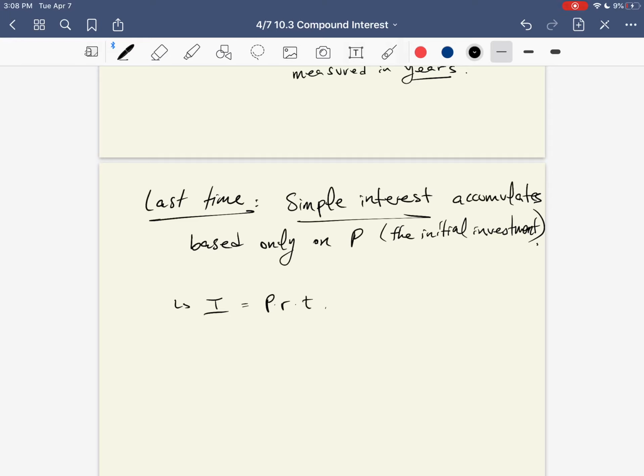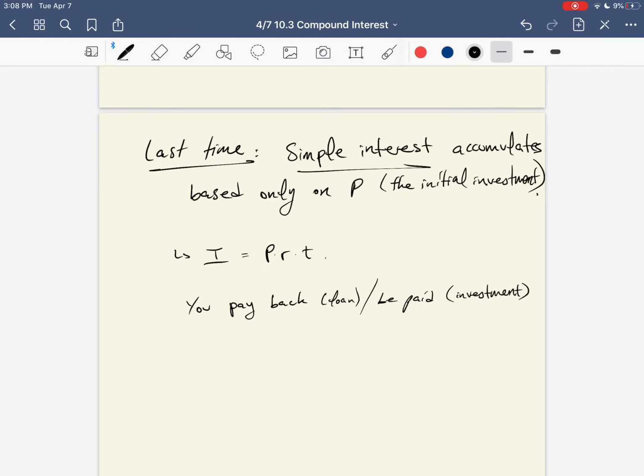Good. So you will pay back, if you took out a loan, or be paid if it was an investment, the original principal plus the interest which is accumulated.